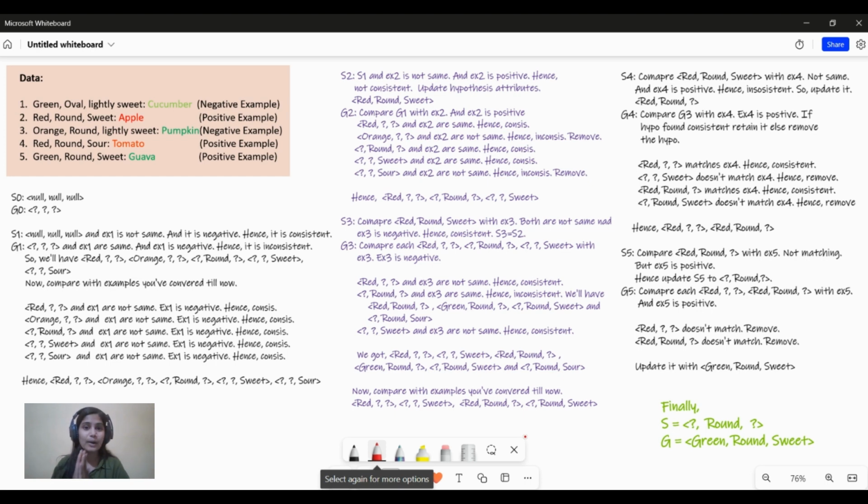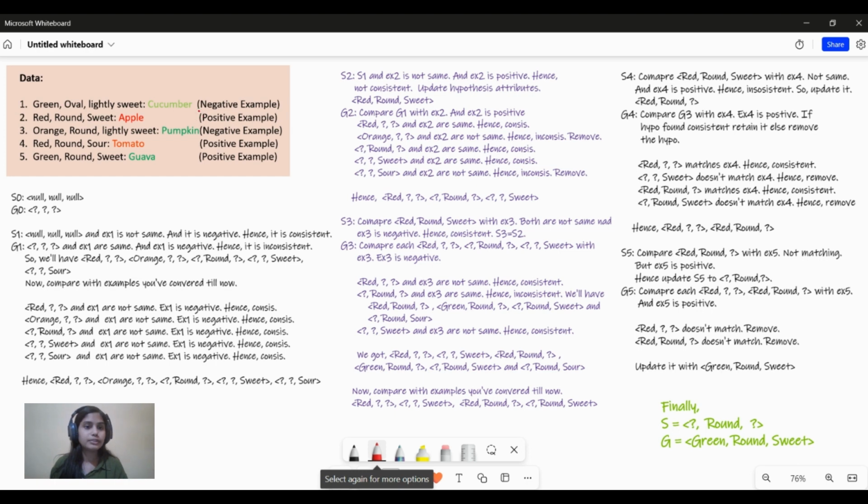So yeah, now let's discuss this example and understand how this candidate elimination algorithm works, and refine our understanding. Here I have taken an example, the data which we are feeding to the machine learning model.